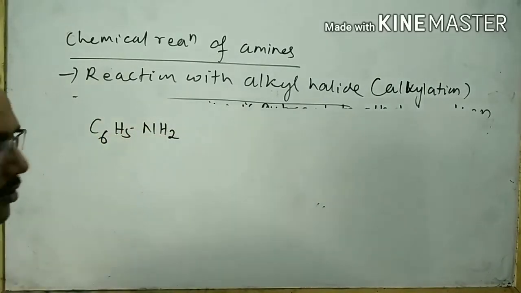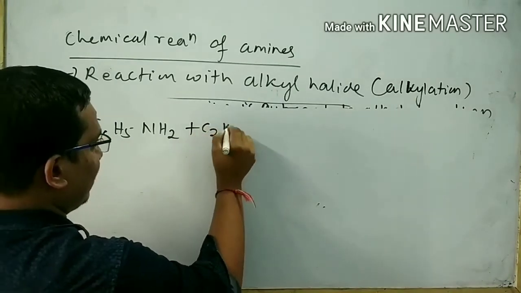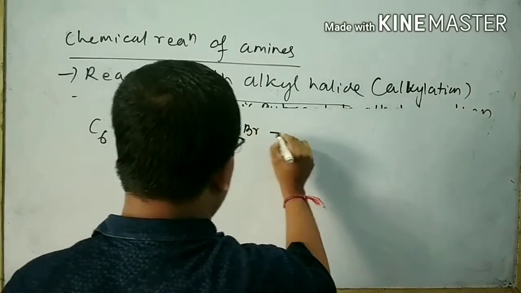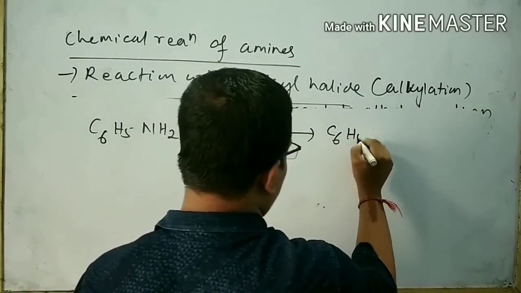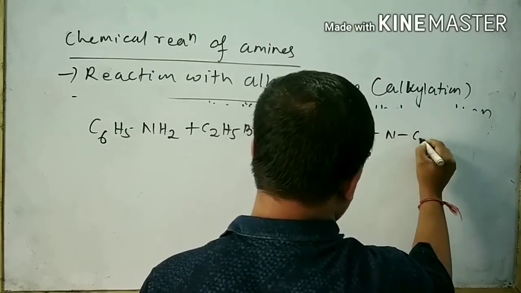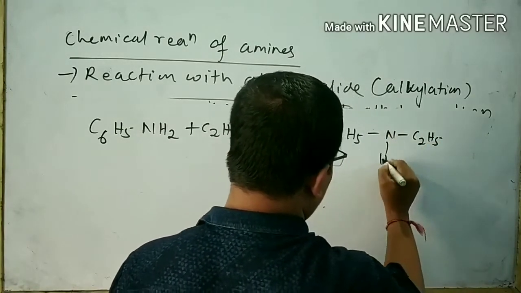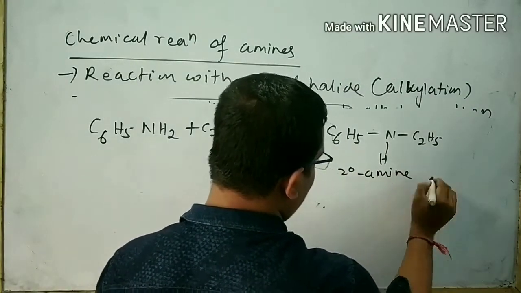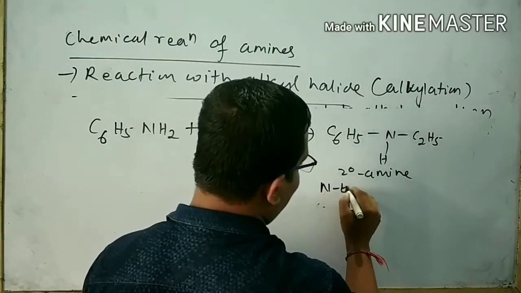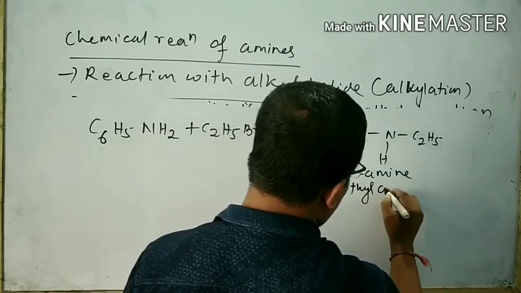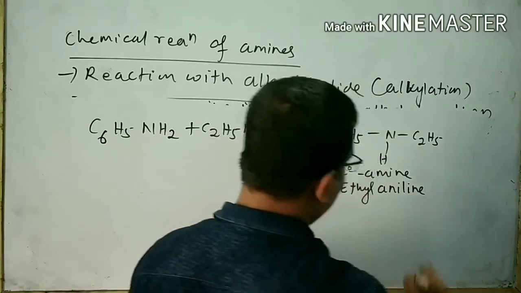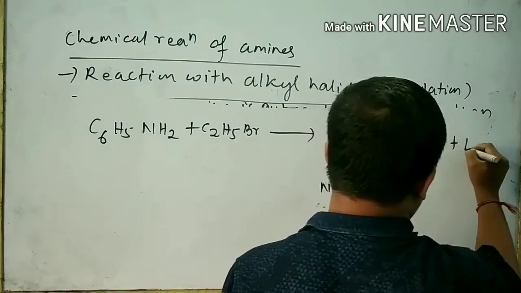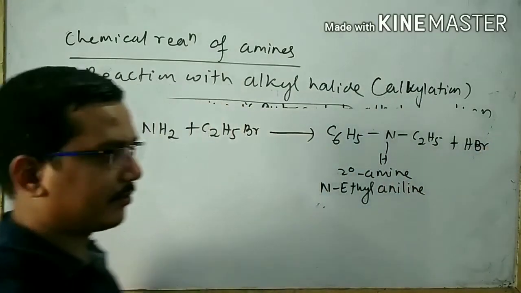When it is subjected to reaction with ethyl bromide, it gives C6H5-NH-C2H5. That is a 2-degree amine, and the name of this compound is N-ethyl aniline, and your byproduct is HBr.